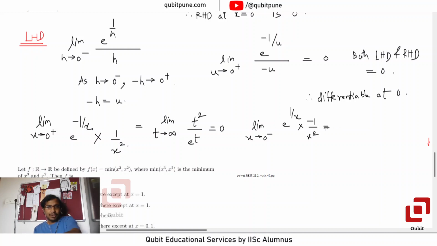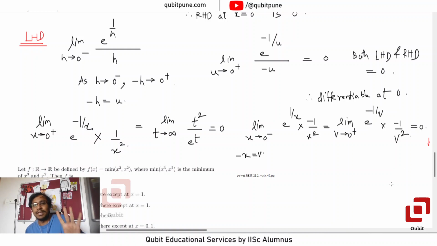Again we can bring in those changes. Suppose I say that negative x is v, so v tends to 0 plus, e raised to negative 1 upon v into negative 1 upon v square, and that's basically the same as this except the negative sign, so this will also be 0, so the derivative is continuous.